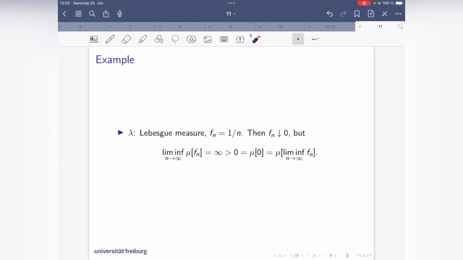So mu of lim inf, okay, that's mu of 0, that's 0. But all the mu fn's here are infinity, because when you integrate 1 over n over the whole real line, then you get infinity. And you have just 0 is more than infinity.